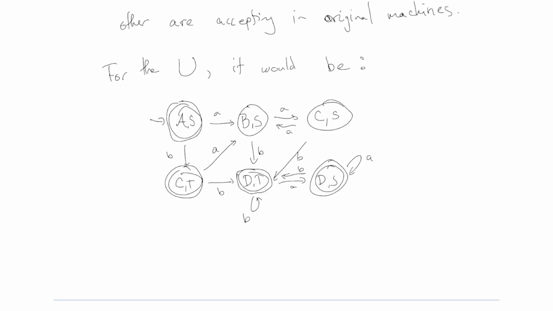Those are all the ones. These are all pairs including A, D, or T. Those are in parentheses. All right? Many more accepting states than before.